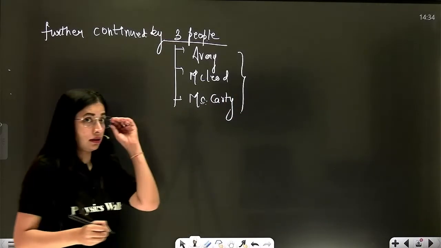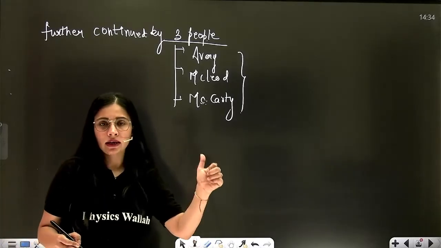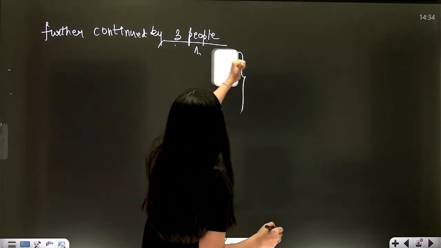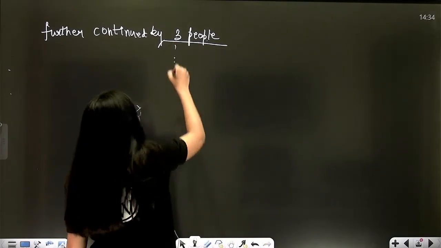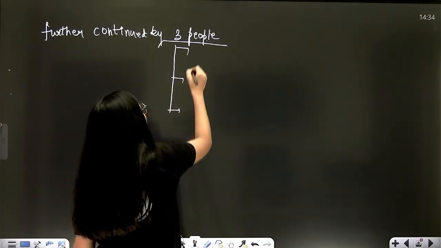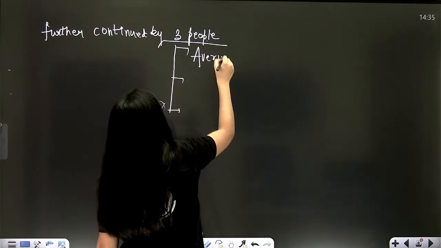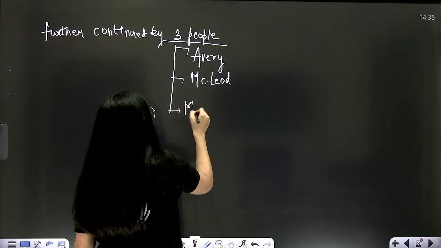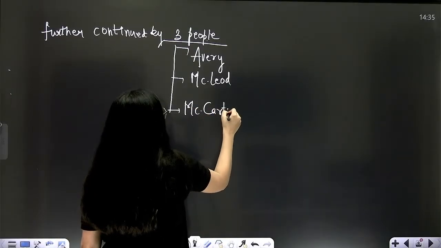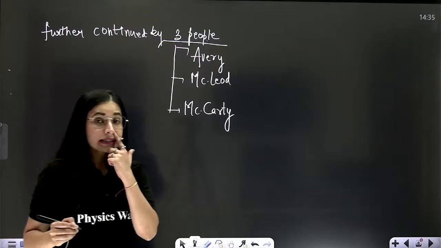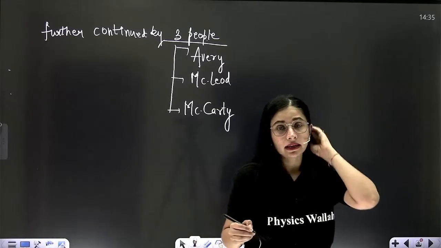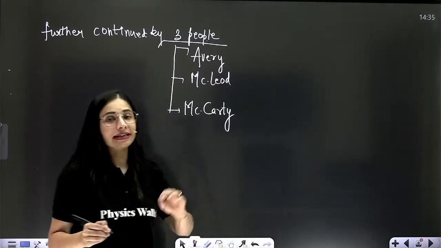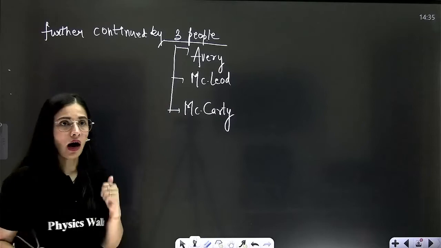These 3 people, once again I am repeating the name, Avery, MacLeod and McCarty. Let me write it properly. Now my nib has just broken down, so I am not able to write it well. These three scientists continued the experiment by Griffith, and they proved that DNA is the nature of the genetic material which is getting transferred. Now see how.